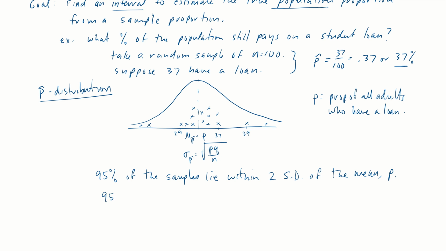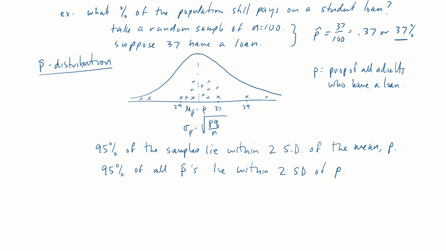In other words, 95% of all p hats lie within 2 standard deviations of p. Right? We've got that because this curve is normal. And remember, this is normal because of the condition np is bigger than 10 and nq is bigger than 10. So as long as this is a normal curve, which we're going to assume is the case, 95% of all p hats lie within 2 standard deviations of p.